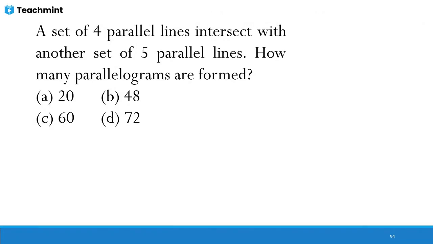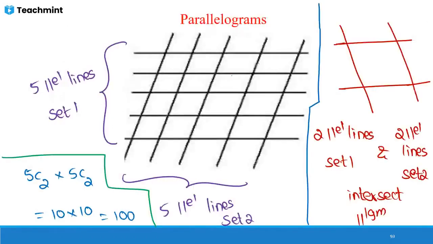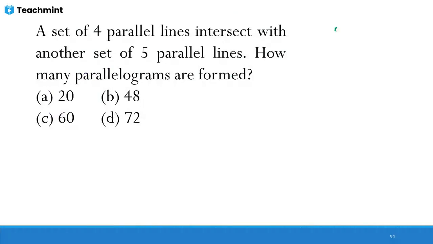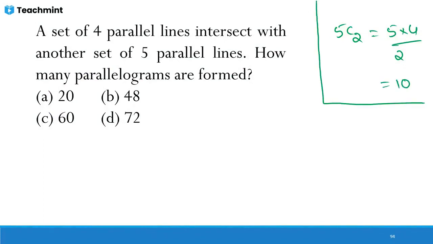How does 5C2 become 10? Rajesh, good. We'll discuss, dear. Rajesh, I hope you can see the screen. 5C2 means 5 into 4 divided by 2, which is 10. We already covered this in the previous session and today's session as well. nC2 means n into (n minus 1) divided by 2.